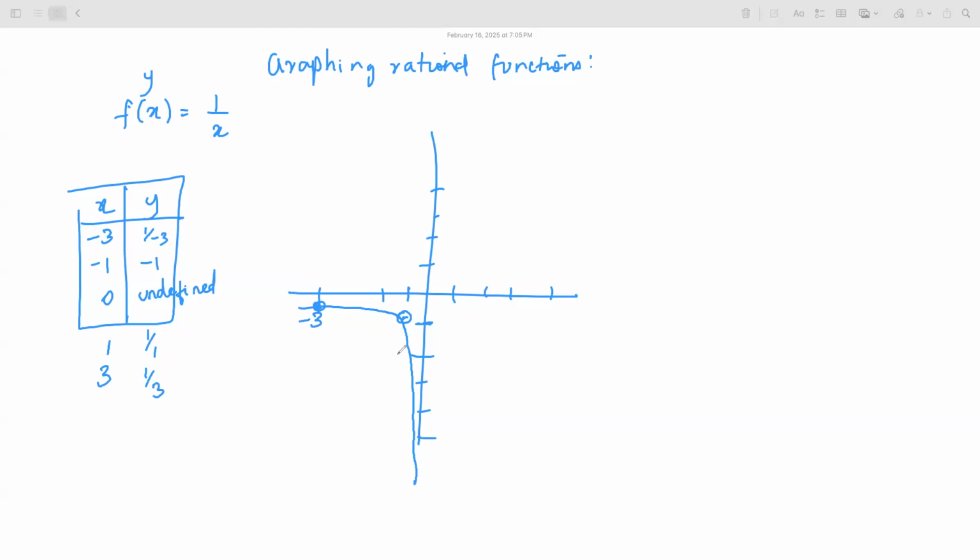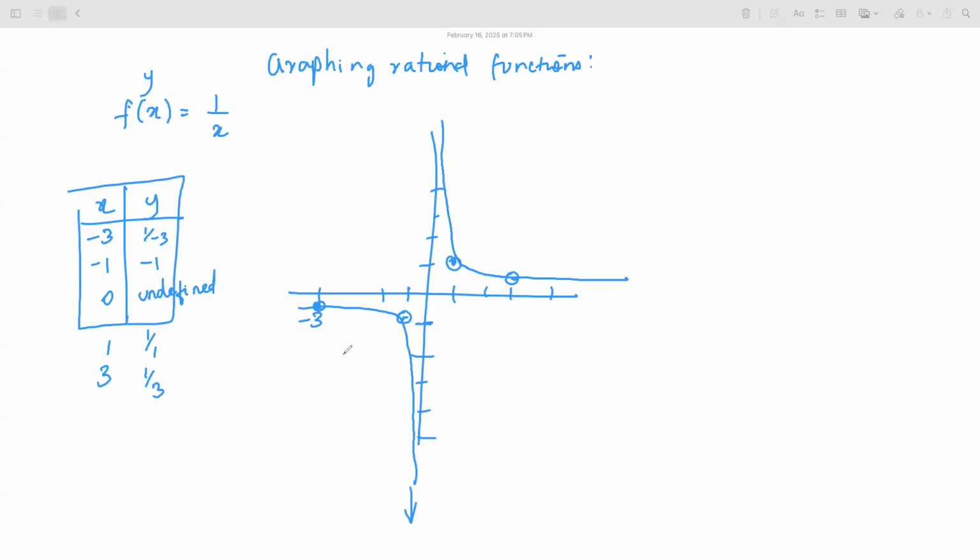Right? And then 0 becomes undefined. Again, 1 becomes 1. And then 3 becomes 1 by 3. So what do you think? It goes to undefined, and then it comes from undefined. It goes like this. Make sense, guys?